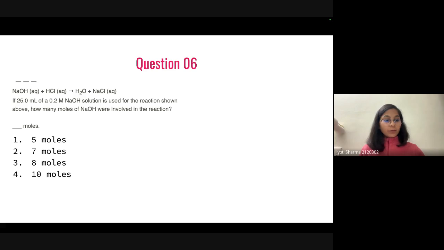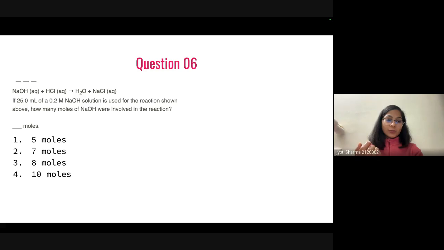What happened? This is a very simple question. Angela gave me the answer 5 moles. Angela, have you changed this into liter first? Okay, so change into liter, because the unit of your molarity is number of moles per liter.